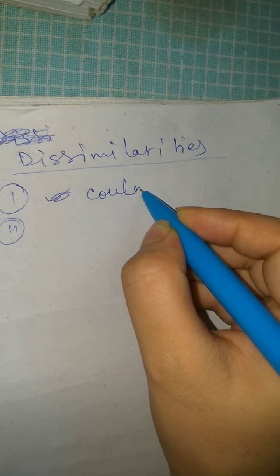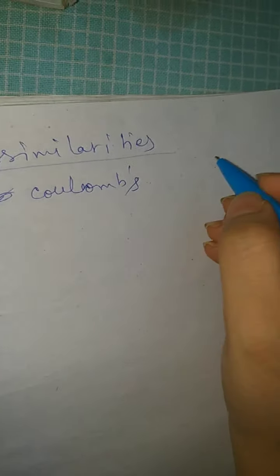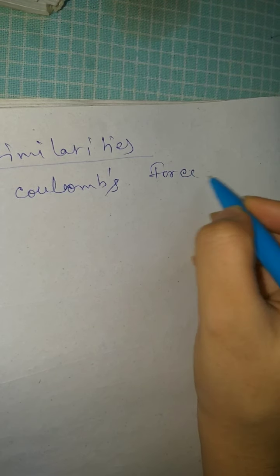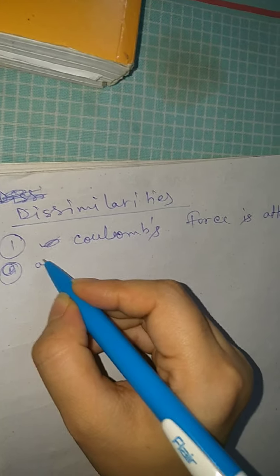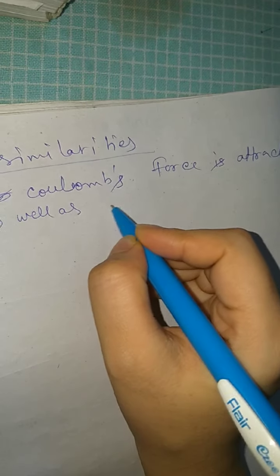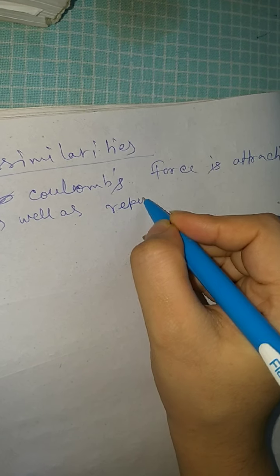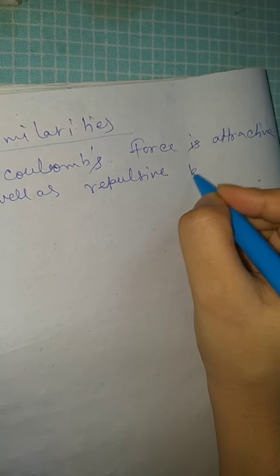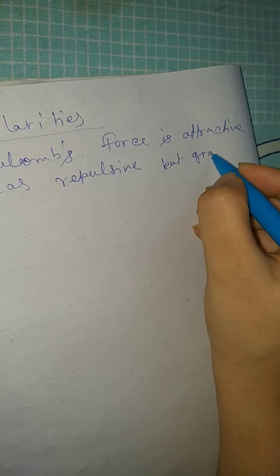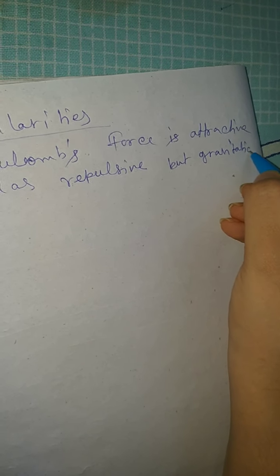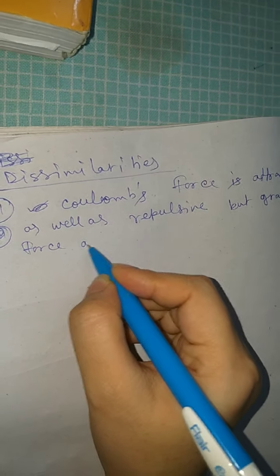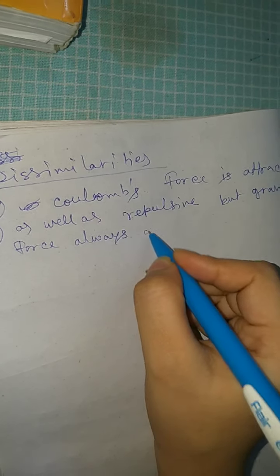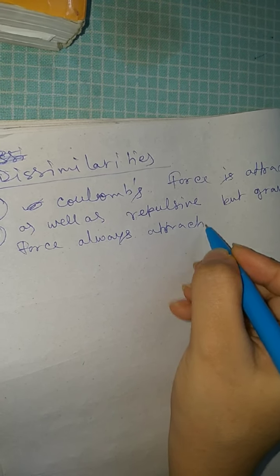Okay, the first dissimilarity is Coulomb's force is attractive as well as repulsive, but gravitational force is always attractive.